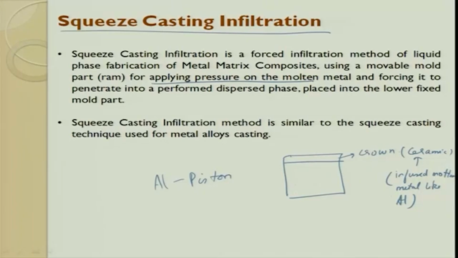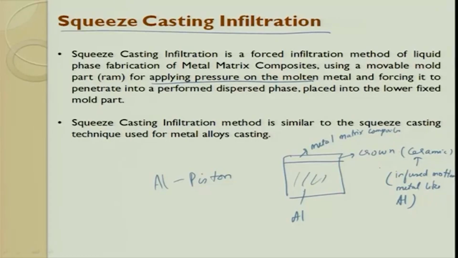This is a metal matrix composite, and it is only at the top. It gives you wear resistance and also thermal wear resistance. That means when the spark hits, nothing gets eroded on the surface because there is a ceramic also protecting the metal. Squeeze casting infiltration is similar to other squeeze casting techniques used in metal matrix alloy castings.